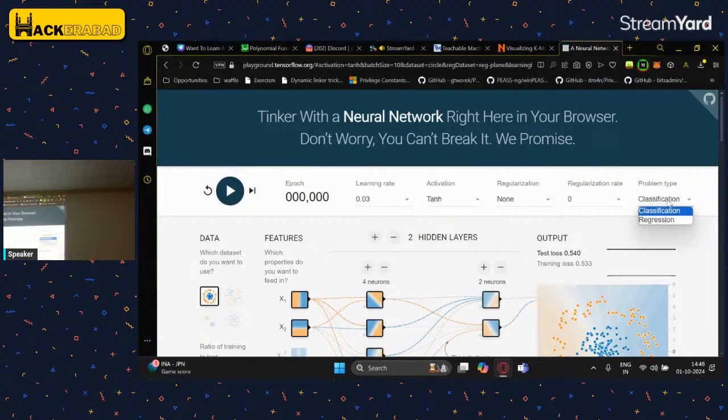K nearest neighbors. Good. Instead of using K nearest neighbors or linear regression, we can use neural networks.